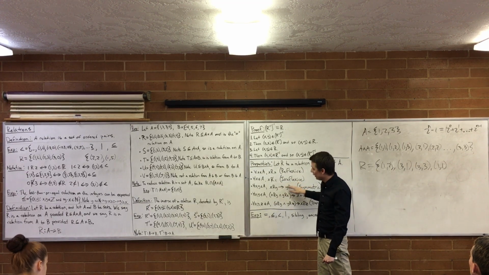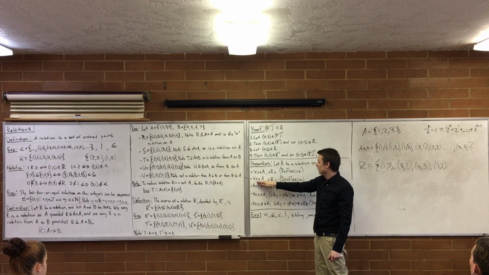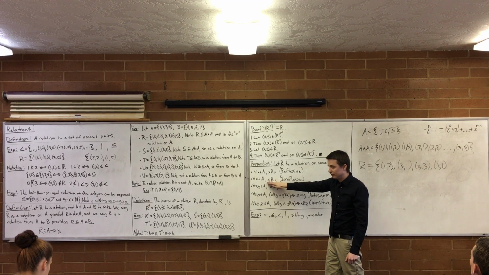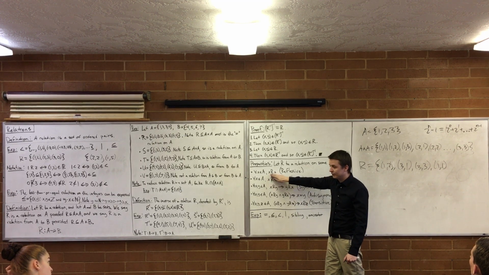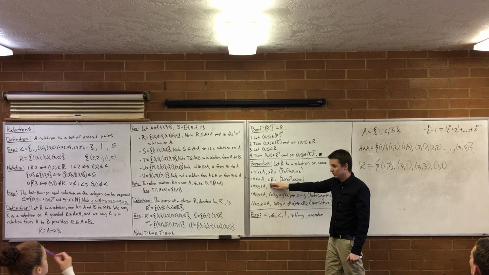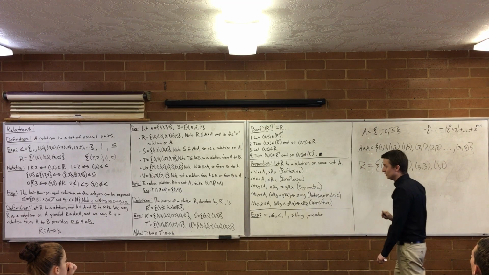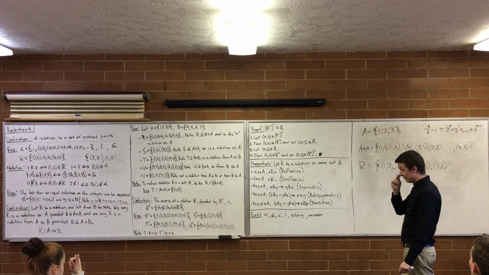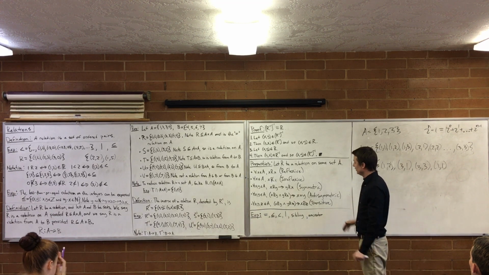A relation is irreflexive if for every element in the set, it is not related to itself. Always related to itself, never related to itself. Good? Okay.